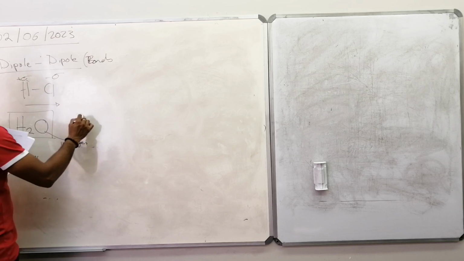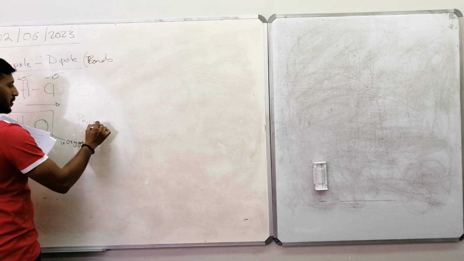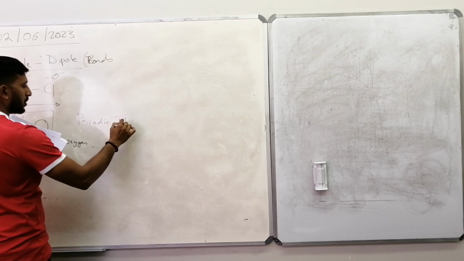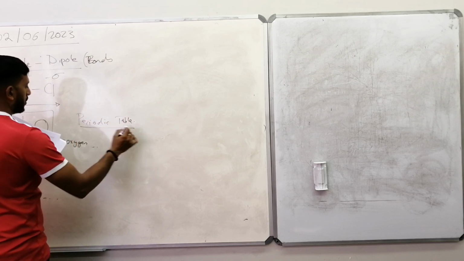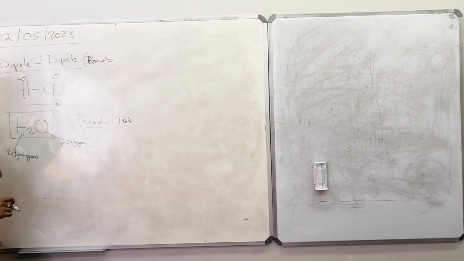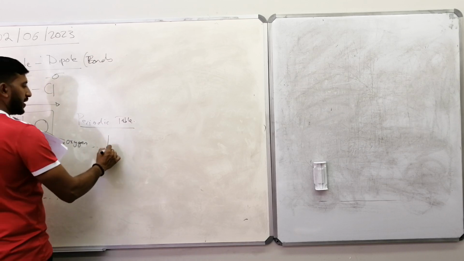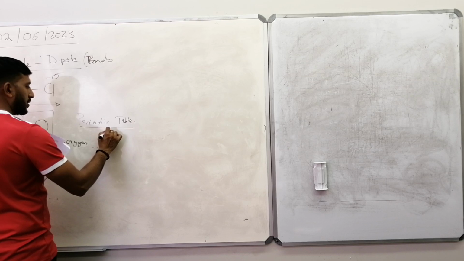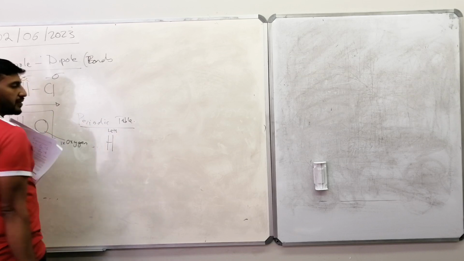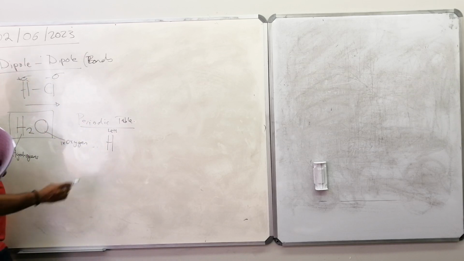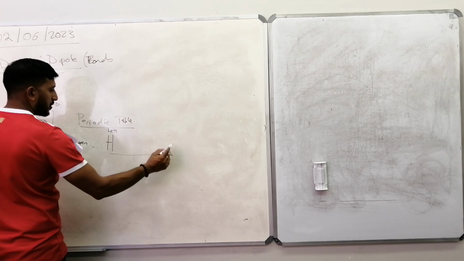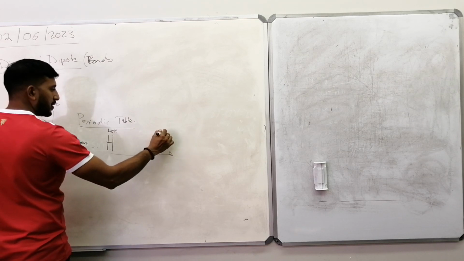Now, in the periodic table, where is the H situated, on the left or right? So we got the H on the left, and then the oxygen is on the right.